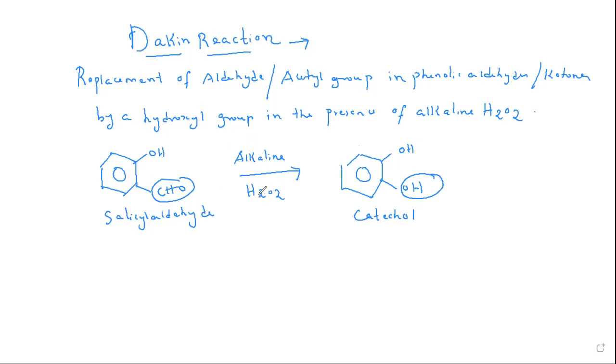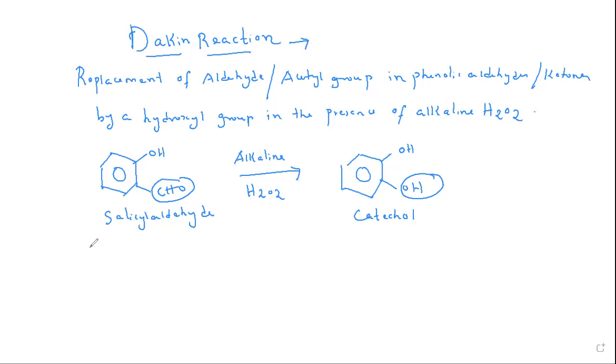So if you look at this statement, you may have a lot of doubts in this. You may ask me how this aldehyde is converted into a hydroxyl group. So to understand this, we need to take up a reaction mechanism in detail.